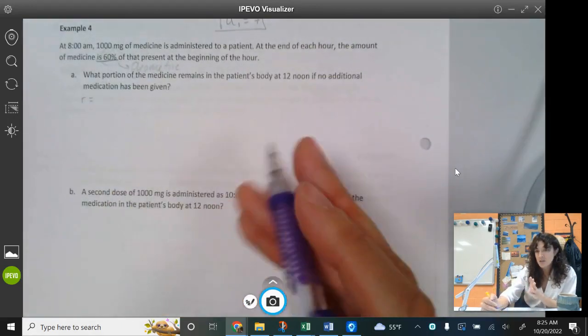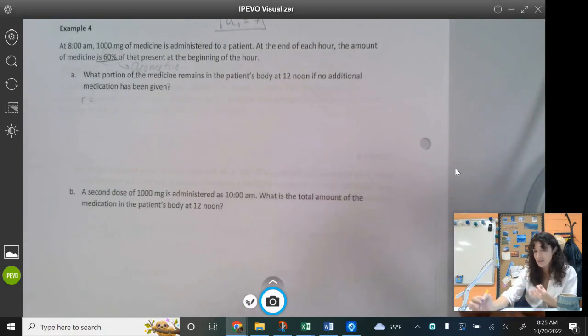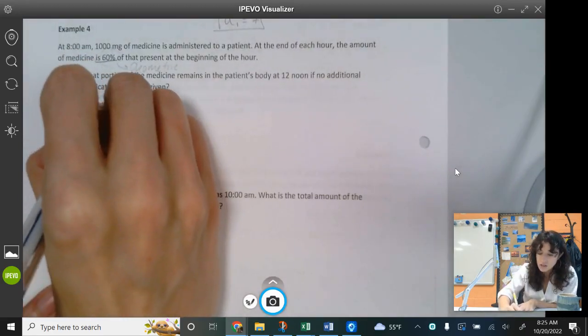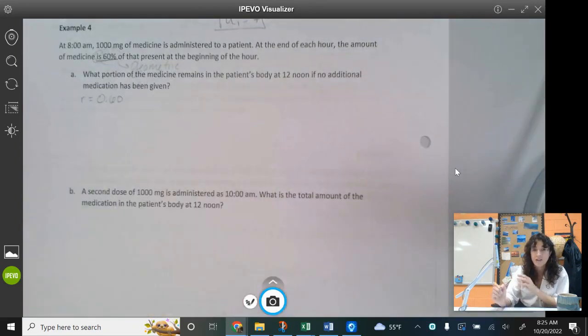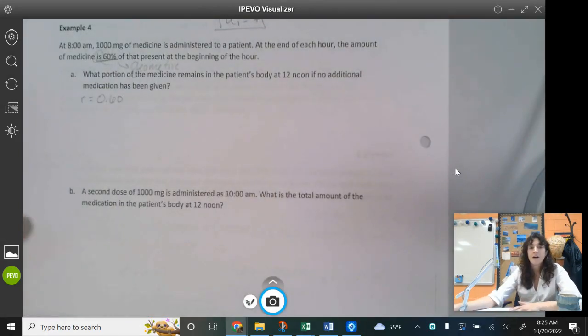It is 60%. It's not going down by 60%, right? It's not decreasing by 60%. Each time, it's 60% of what it was before. So r is just 0.60. We don't have to subtract from 1 or add to 1, because of how it's phrased. And be very careful. You can see how we would miss this tiny little word, is.